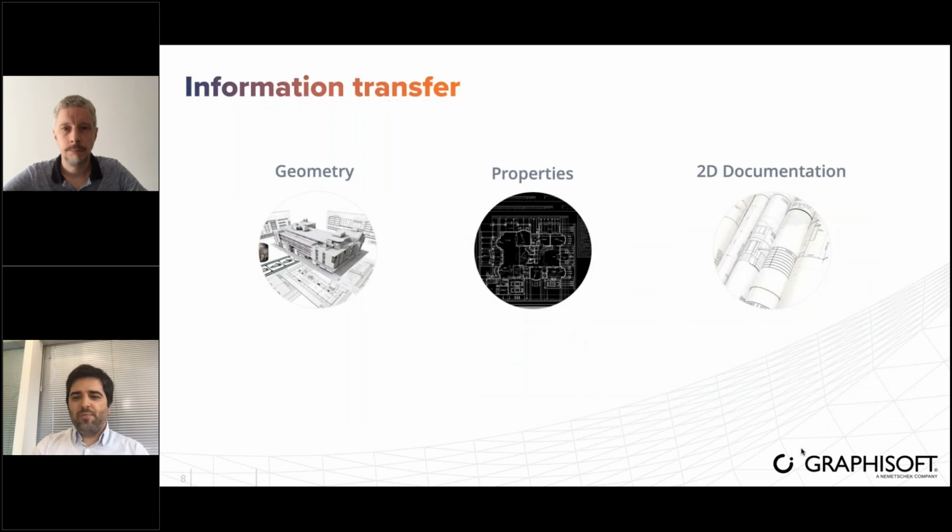Okay, a very important concept for this talk is that when we transfer information about a project, there's not only one single type of information. So one is geometry. So we want to know the shape of the elements, the exact representation that they have.